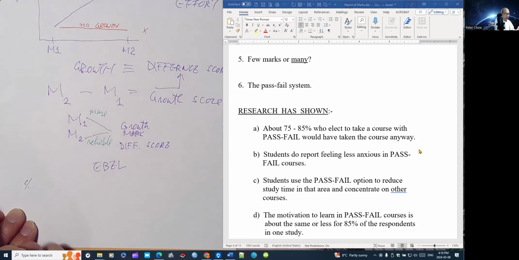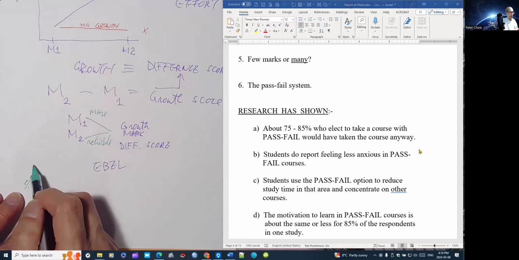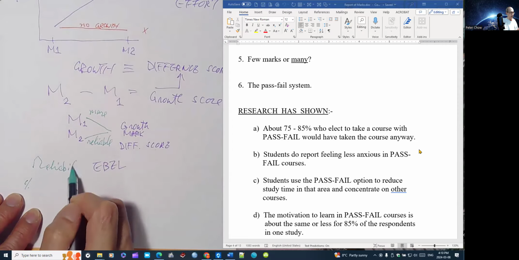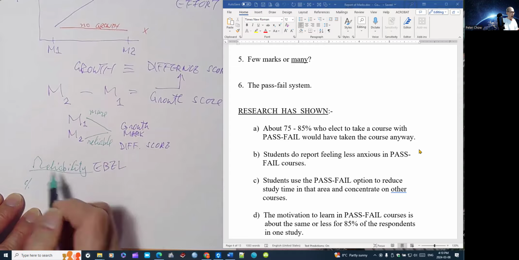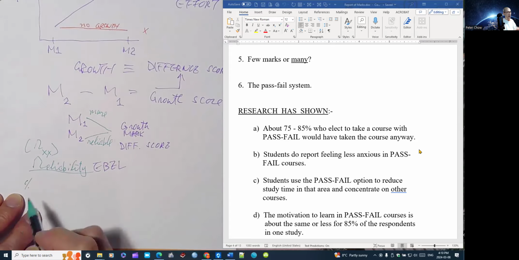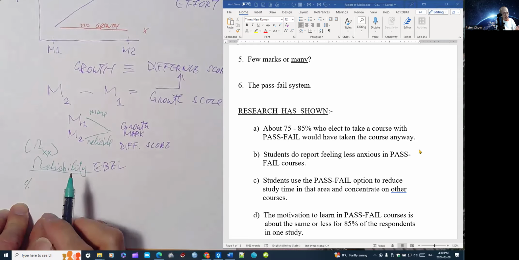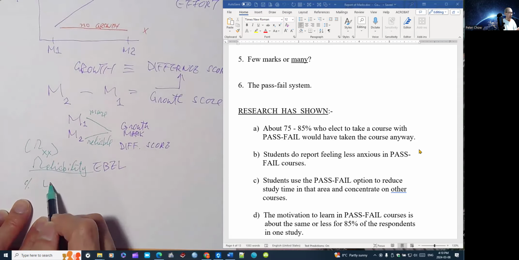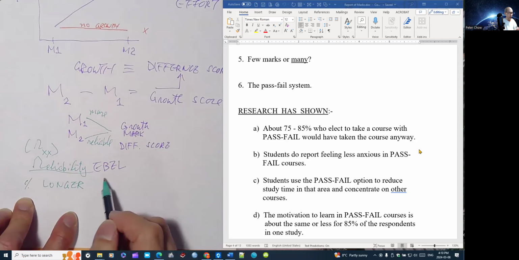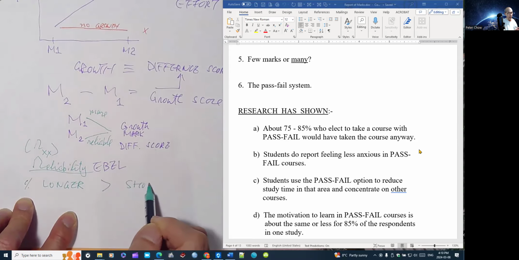Most of the time, let's begin by taking a look at reliability. I will use this to represent reliability. In terms of reliability, the longer the test is, the more reliable it is than a short test.